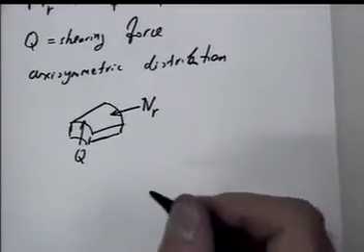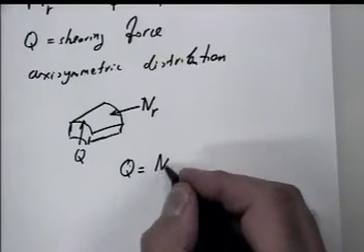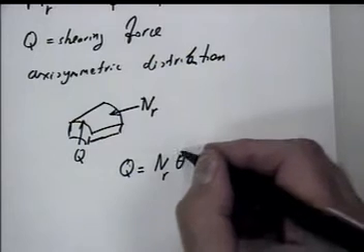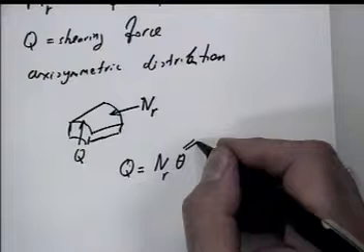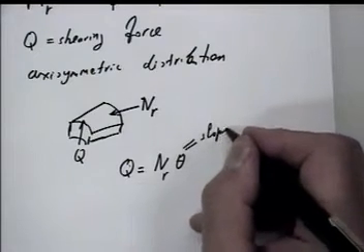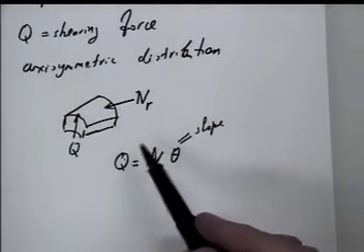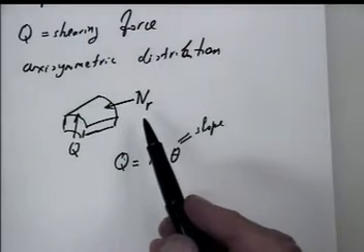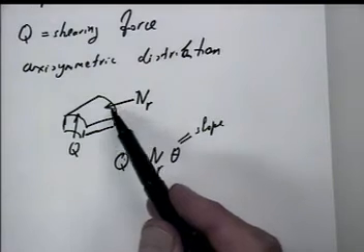So from equilibrium we are getting that this VQ equals NR times theta, where this is this slope, because this beam is bending. When it bends, then there is this slope coming out, and when I am writing equilibrium equations in vertical direction, then this NR should be multiplied by the slope.